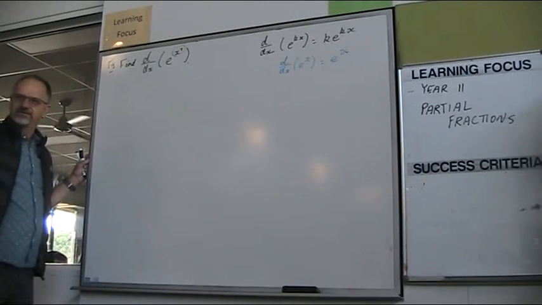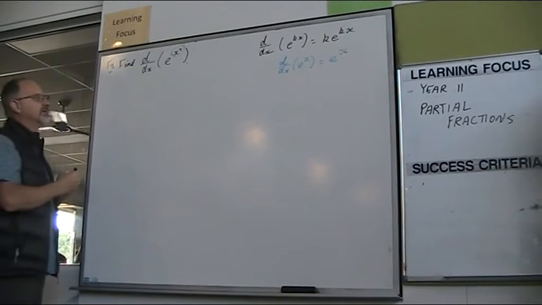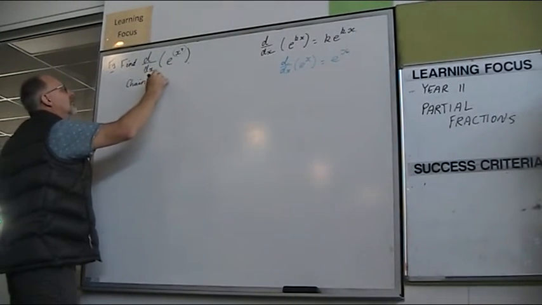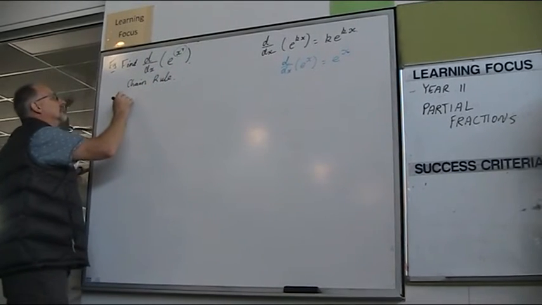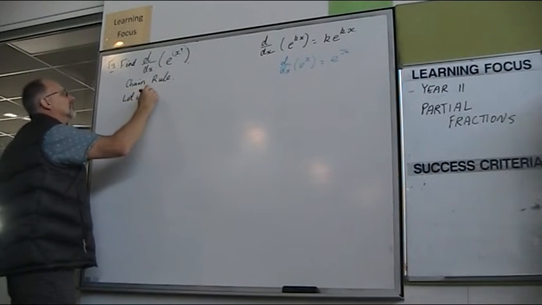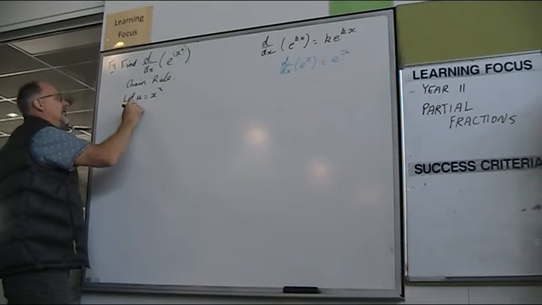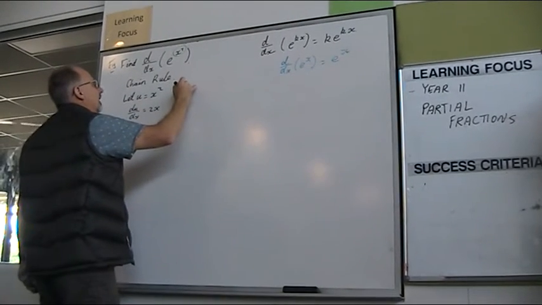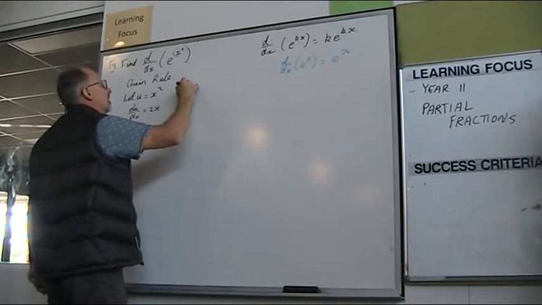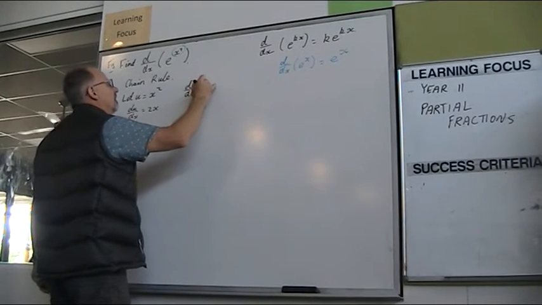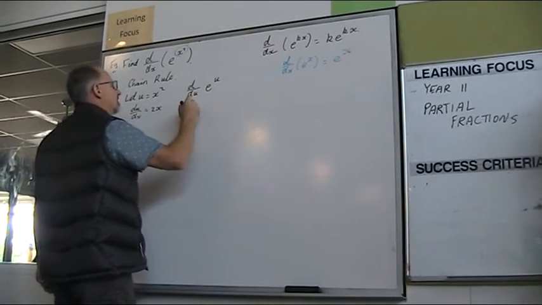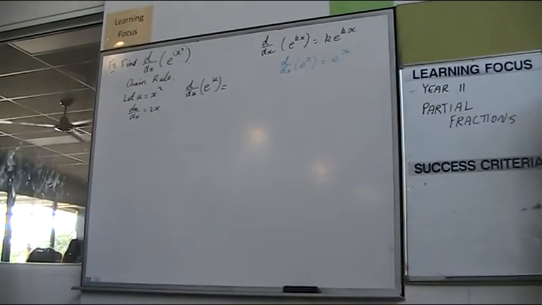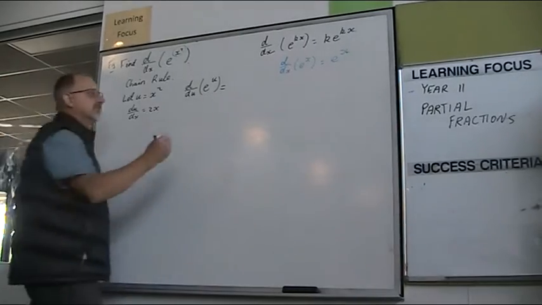So u is going to be x squared, and so du dx will be 2x. Then we differentiate with respect to u, e to the u, which is e to the u.